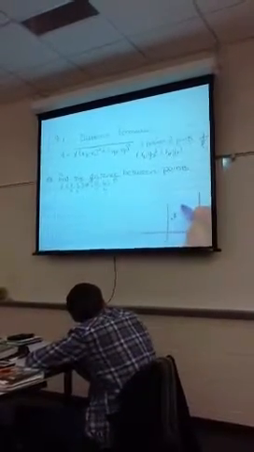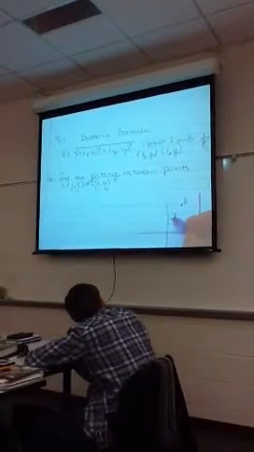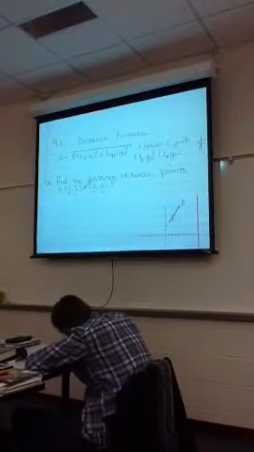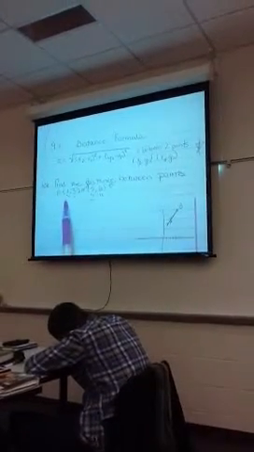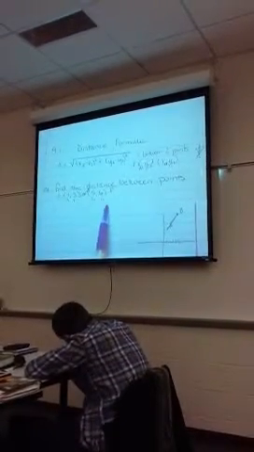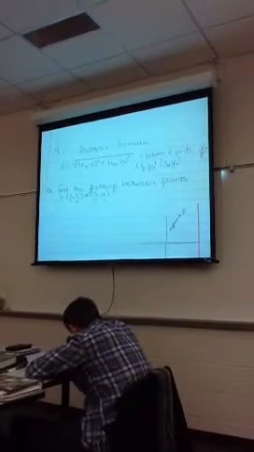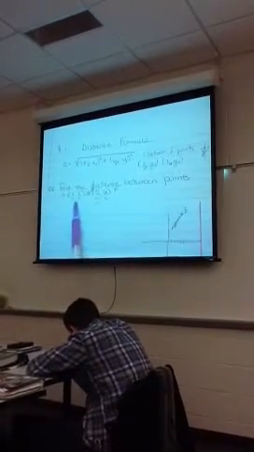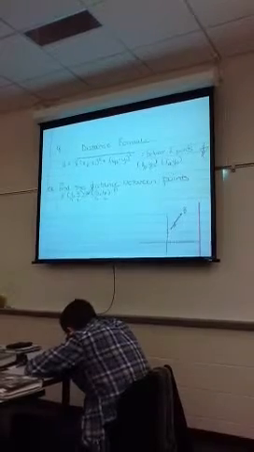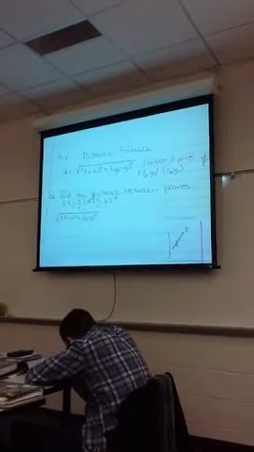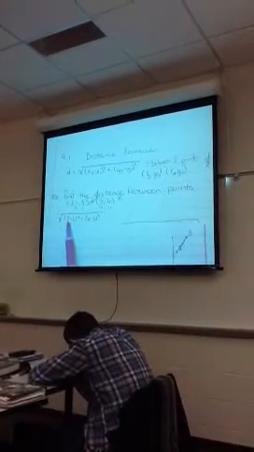Here's point A. And point B is over 5 and up 6. Here's point B, somewhere like that. And we're trying to find the distance between point A and point B. I went ahead and just labeled them X, Y, X, Y. And I made my first ones the first ones, but it doesn't matter which order I put them in at all. So I'm going to plug those into my distance formula.